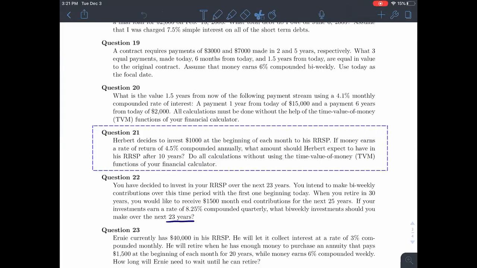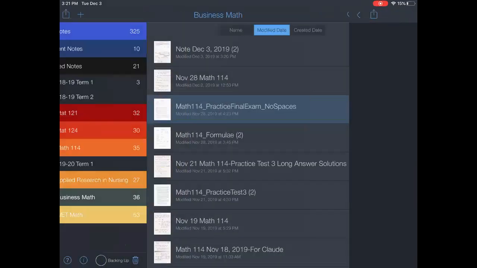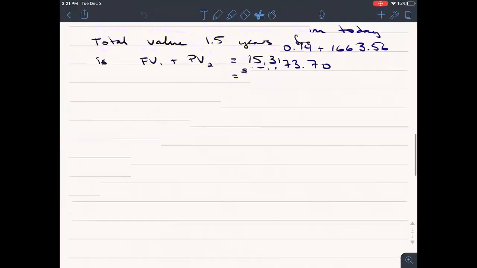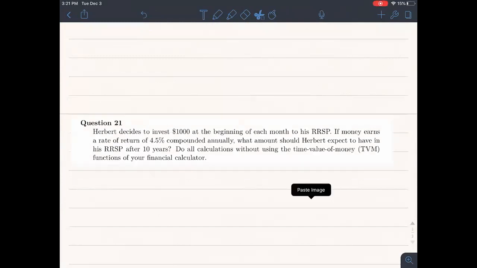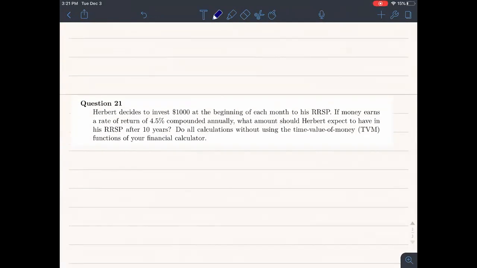Question 21. As promised, there are 2 questions that you may not do only by using your calculator. I encourage you to check your work with your calculator. But here's the next one that you have to do by hand, and it's going to be an annuity question, so you've got these regular payments.